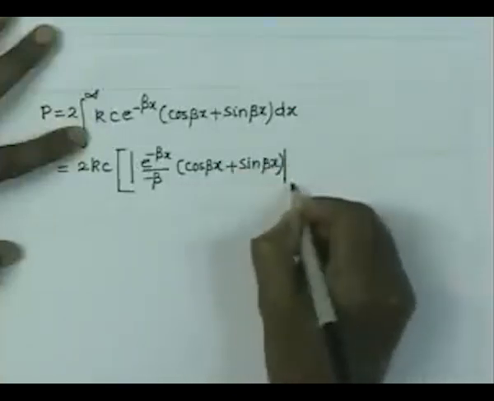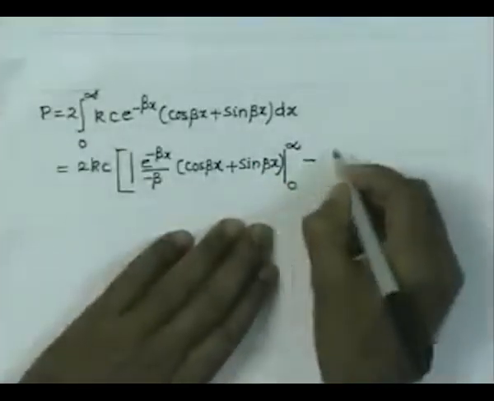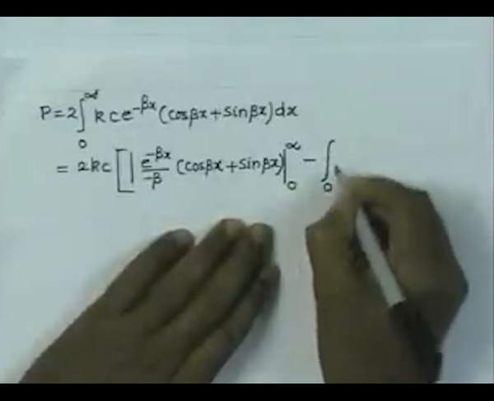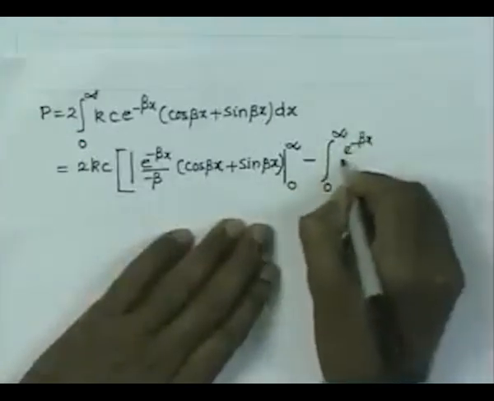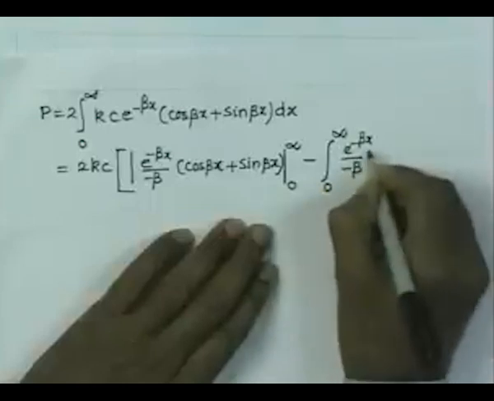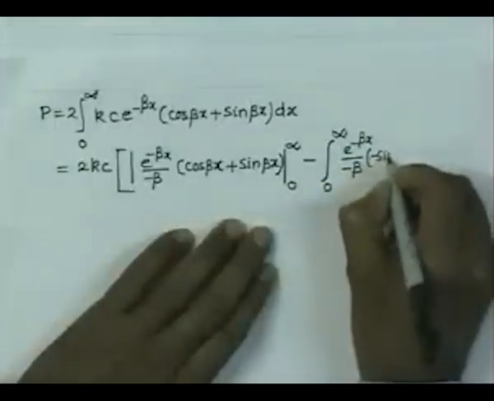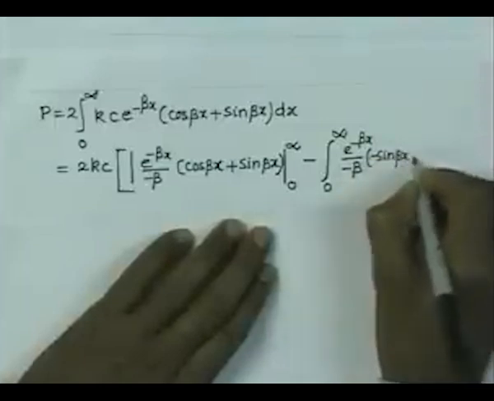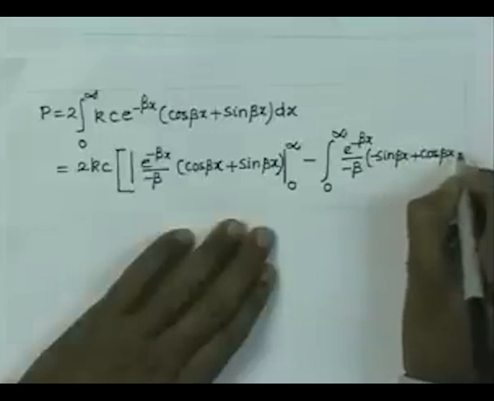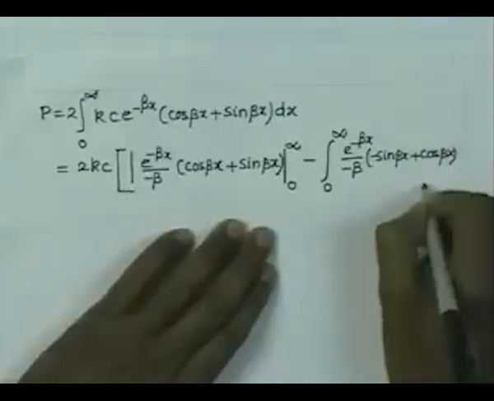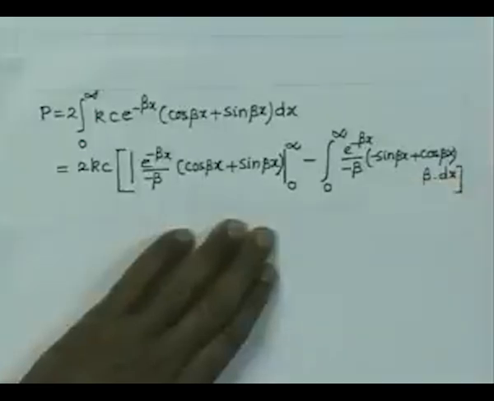This expression, it is to be evaluated at infinity and 0, minus integral 0 to infinity of integration of this first function, differentiation of the second function, so sin beta x plus cosine beta x into beta into dx. So, that is the expression.